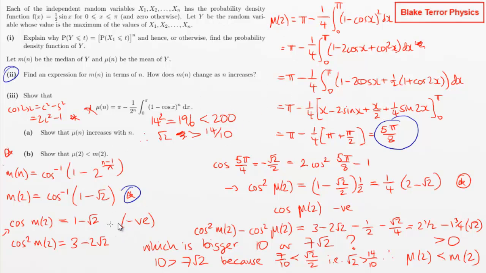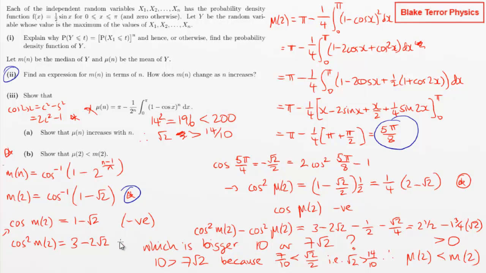This is why I was looking at them both being negative, because if they're both negative, cos m2 and cos mu2, then we can compare them looking at the magnitudes, and we don't have to worry about whether when squaring them we're going to end up messing up the inequality, because that's always the worry when you start squaring things which have got different signs.